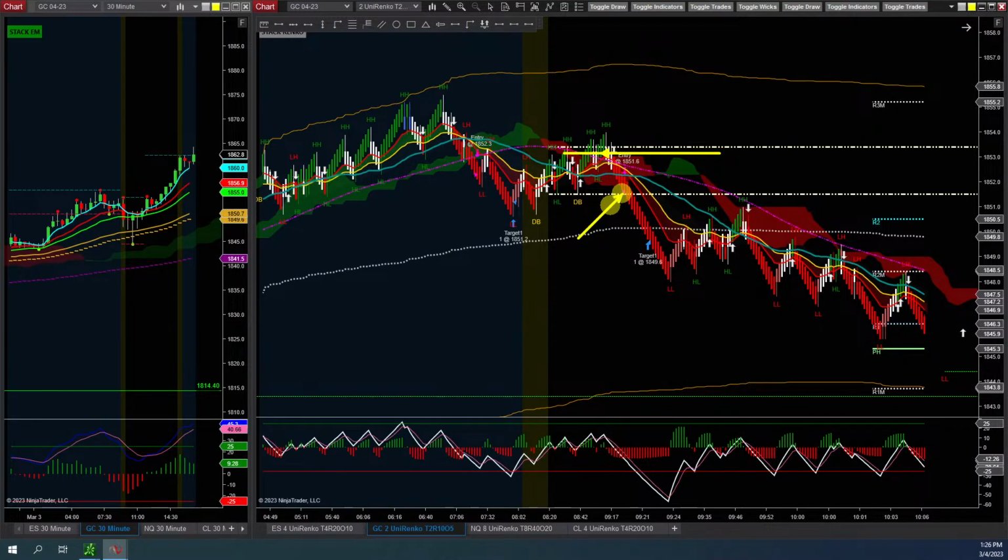I was expecting this one to move down, but it could go up and then down again, right? That is something that could happen. But I took this trade right at that point, and here, right there, is the exit, at 1849.60.